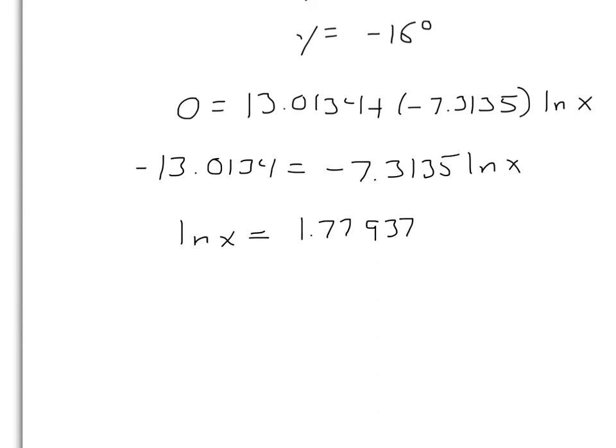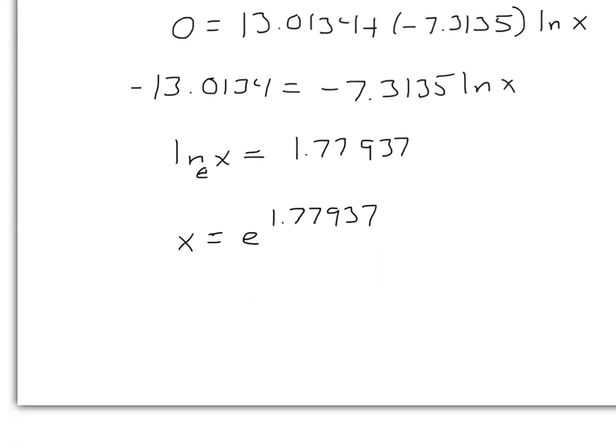How would I get x by itself? Right now it's in logarithmic form, and I need to change it to exponential form. Remember this has a base of e. So what I actually have is x is equal to e raised to a power of 1.77937. Plug that into my graphing calculator, and I get x to equal 5.9261, which would be 6 miles per hour.